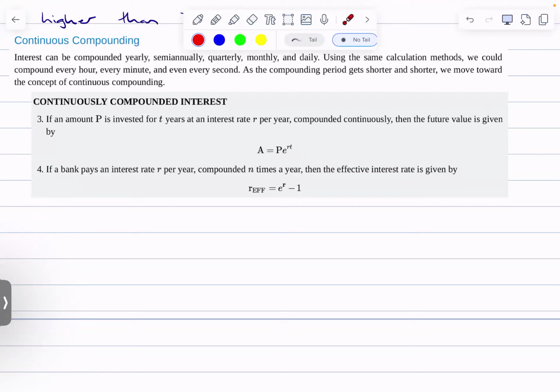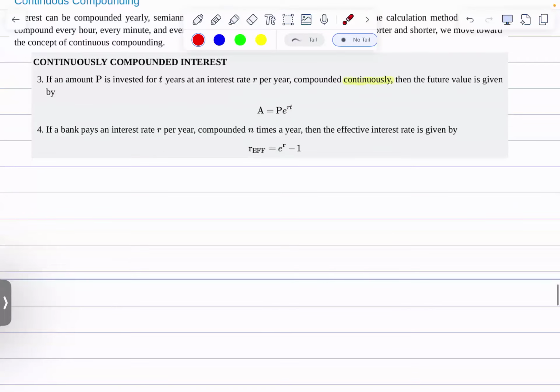An amount P is invested for T years at an interest rate of R per year, same as always, compounded continuously, then the future value, or A, the accumulated amount, is P times E, that special constant E, to the power of R times T.